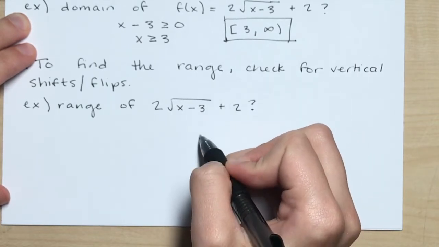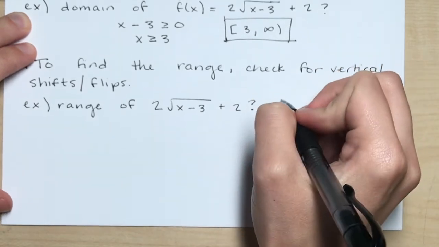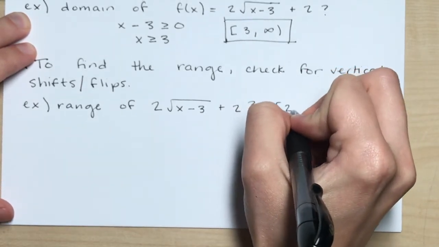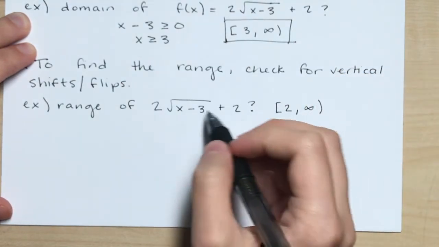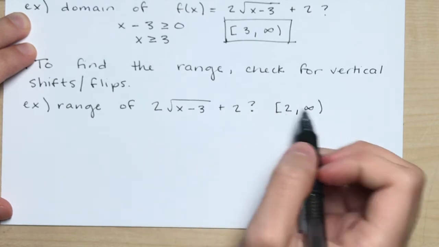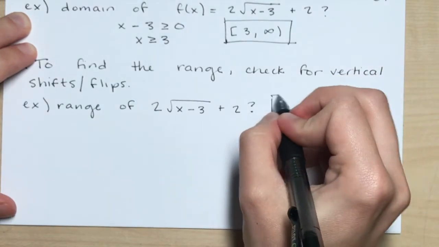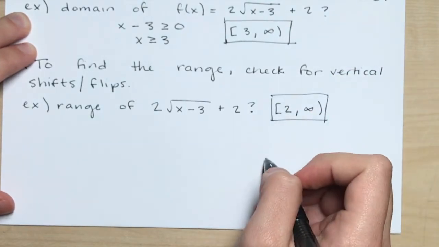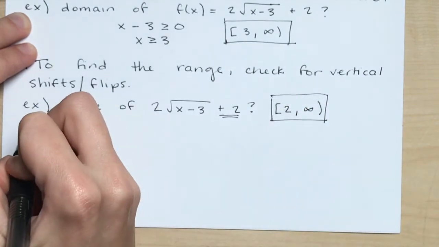We're shifting our function up 2, so our range is changing from 0 to infinity to 2 to infinity. If it's hard to think about this, then just graph it. Just graph this function and look at it. You'll find the same thing. So this plus 2 was the important part.